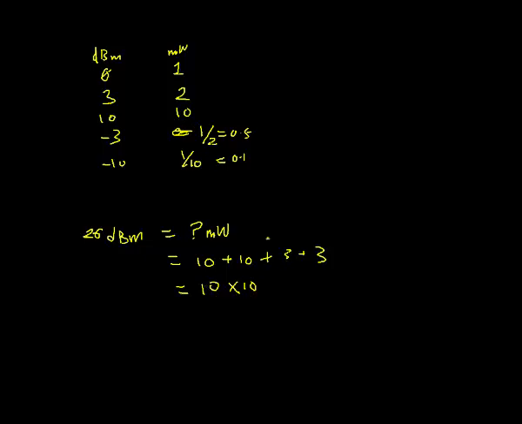And the 3 dBm, when converted to milliwatt, becomes 2. So 10 times 10 is 100, times 2 is 200, then 400. So this is the answer for 26 dBm.